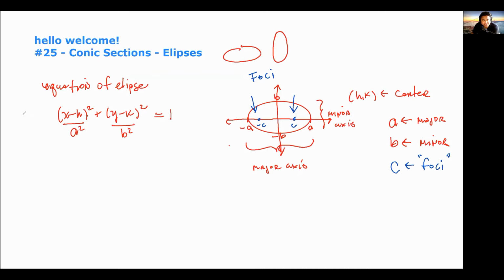Now, this is actually for a horizontal ellipse. I know this is horizontal because the A is under the X. This tells us this is a horizontal ellipse. The other equation looks exactly the same, except that now this would be B and this would be A. Now, this is a vertical ellipse.